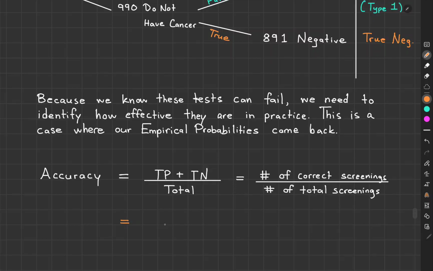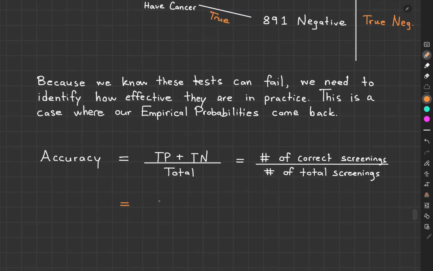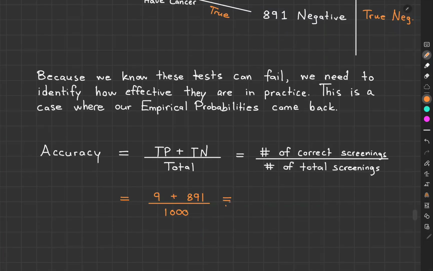So in this case, we've got 9 people who are truly positive and 891 people who are true negative. This is coming out of our 1,000. So this simply comes out to 900 out of 1,000, or 90%.